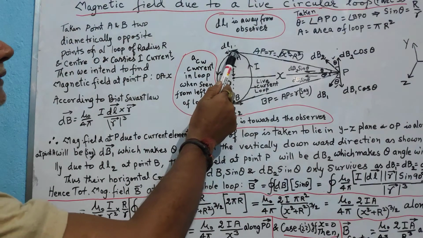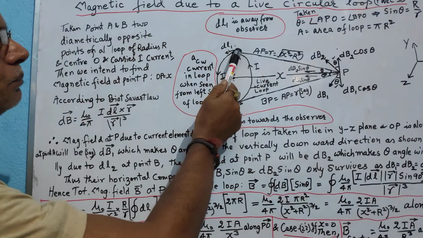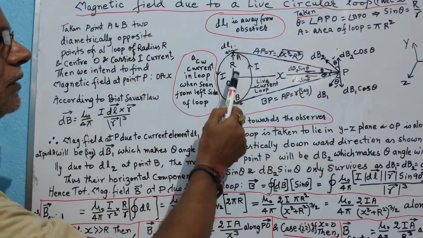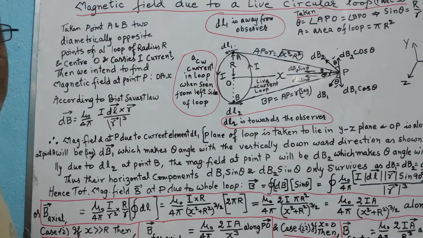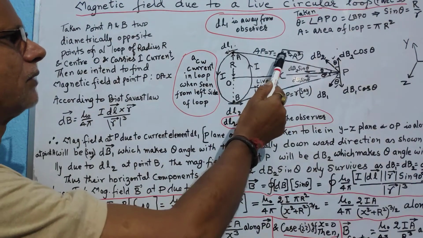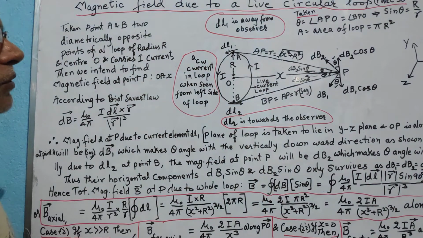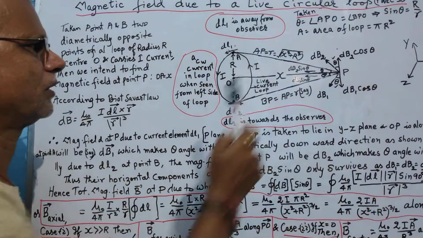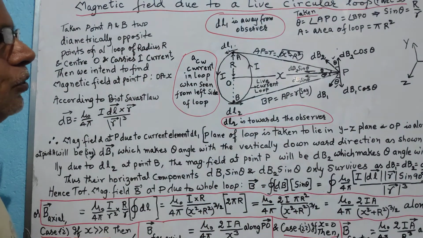Here we have taken the distance of point A from point P equal to small r, which according to the Pythagoras theorem is equal to under root x square plus R square, where capital R is the radius of the loop and x is the distance of point P from the center of the loop.